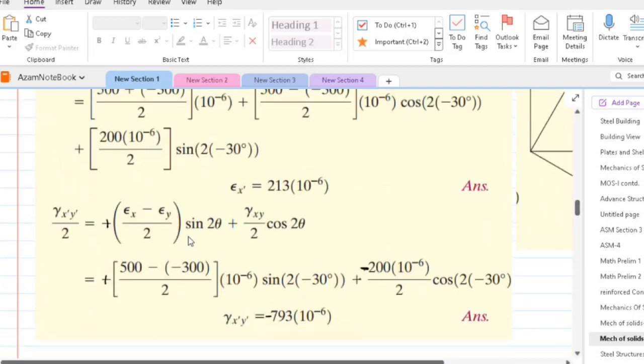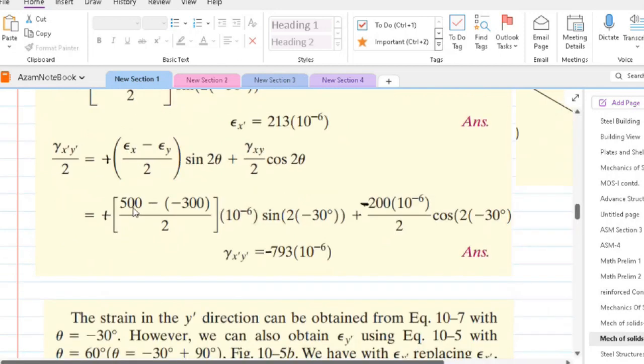Now using the shear strain expression as strain x minus strain y by 2 times sine 2 theta plus gamma xy by 2 cos 2 theta. So putting the values 500 minus minus 300 by 2, 10 raised to power minus 6 taken as a common factor times sine 2 times minus 30 plus minus 200 into 10 raised to power minus 6 by 2 into cos 2 times minus 30.